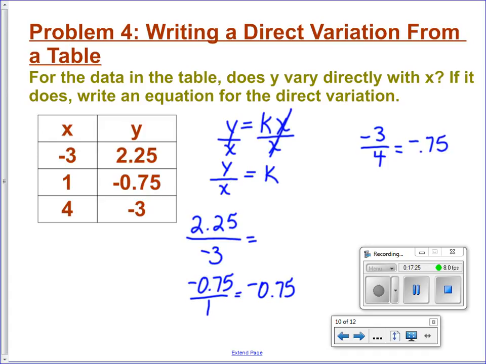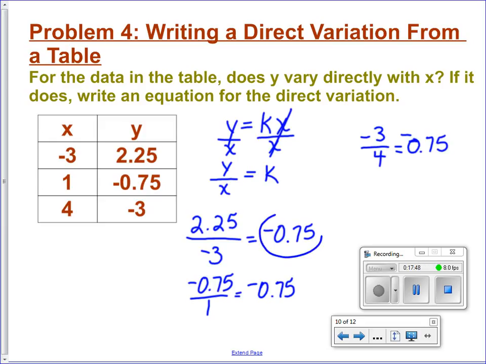Okay, so those two, let me go ahead and put my 0 here. The only one that we really need to check is 2 and 25 hundredths divided by negative 3. And once again, we get negative 75 hundredths.